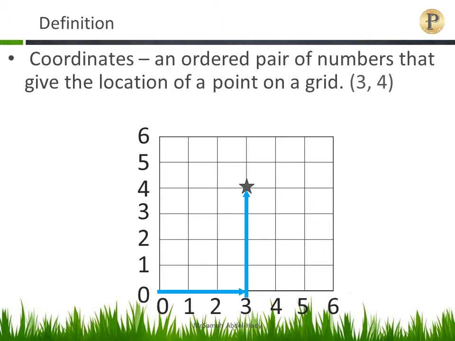To locate this point, I want to determine its projection on x. We see 3, and its projection on y. You see 4. You should say the x-axis at first. So we will call it 3 and 4.